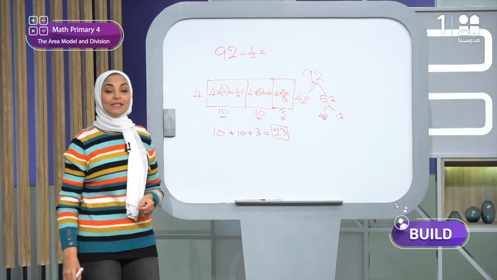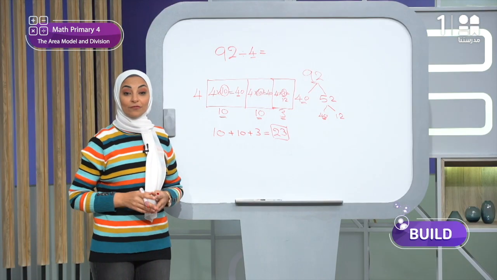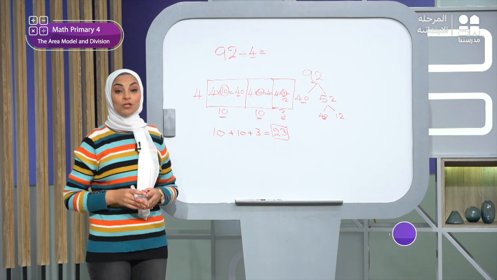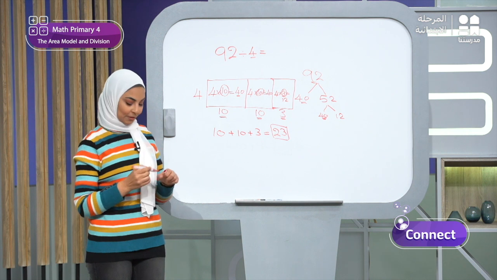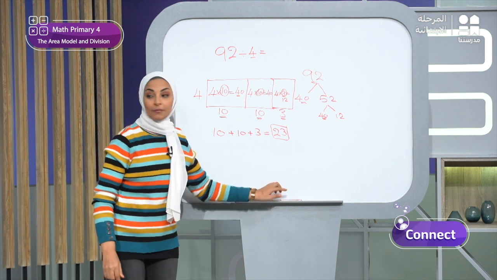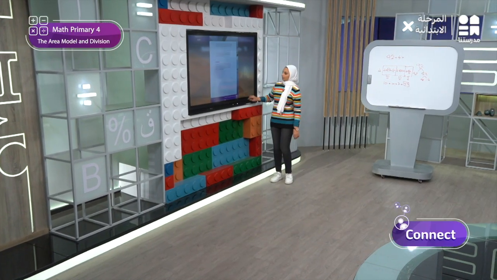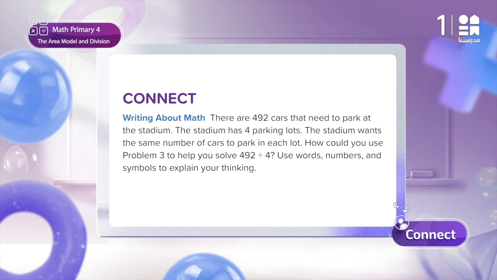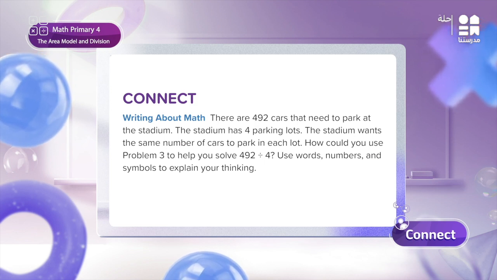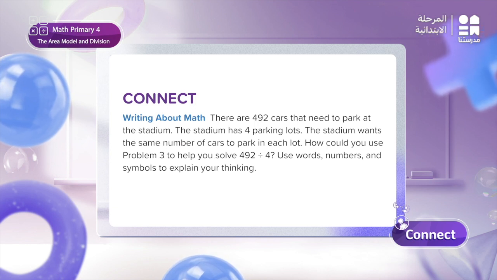And now let's see how we will make use of what we have learned from the last problems we solved in the Connect part on page 309 in your school book. Let's see it all together. Here, as you see in the Connect part, we want to distribute 492 cars among 4 parking lots at the stadium and find the number of cars in each lot using what we have learned in the last problem.